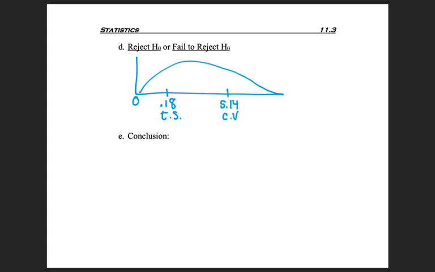My next value is the 5.14, which would be to the right of that, is my critical value. Now remember, because I said it's always a right-tailed test, that means I shade to the right of the critical value. So when shading to the right of the critical value, I see that my test statistic does not fall in the shaded region, so I do not reject it. I fail to reject H naught.